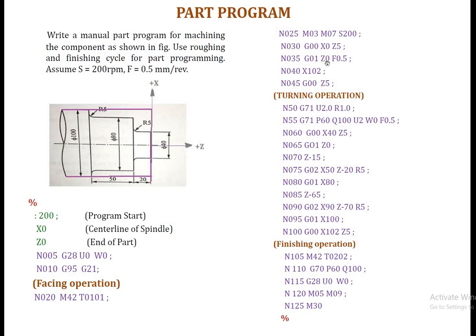So with G01 Z0, the tool moves from this position to this position, and now the facing operation will start. Next block, X102. Now the tool moves from this position to this position. The diameter distance here is 100 mm.